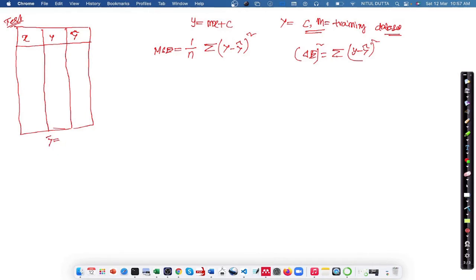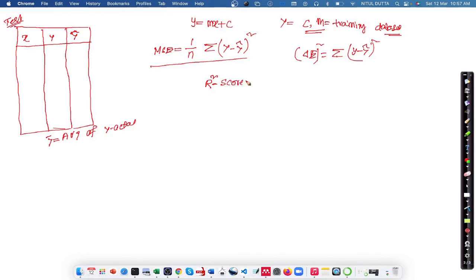What is y bar? Y bar is the average, or mean, of y actual. Now we want to calculate the R squared value, also known as the R squared score.